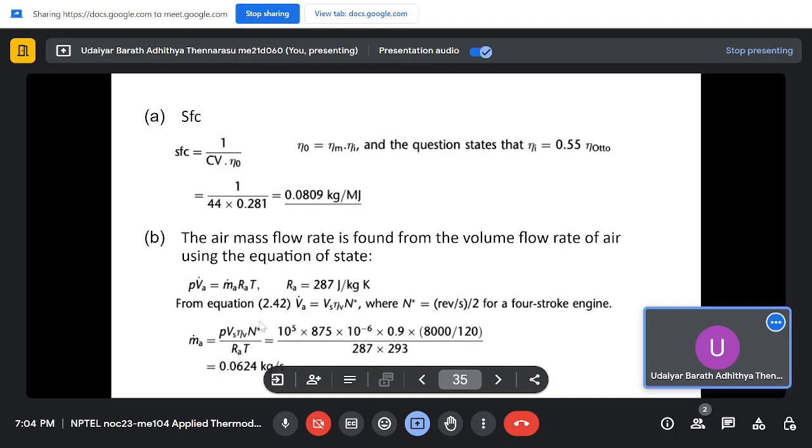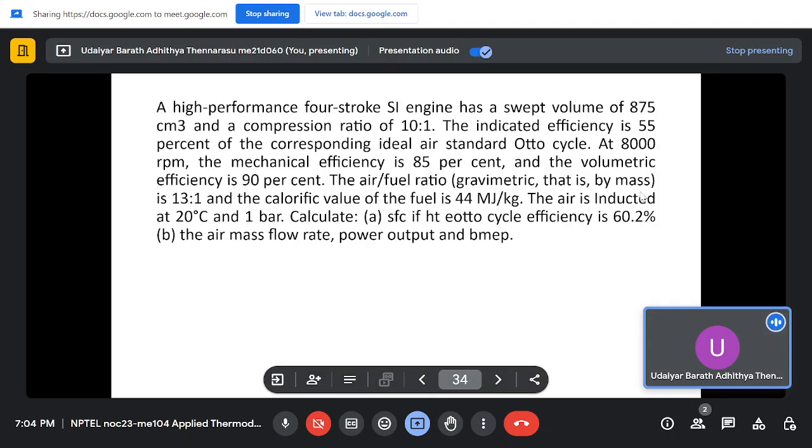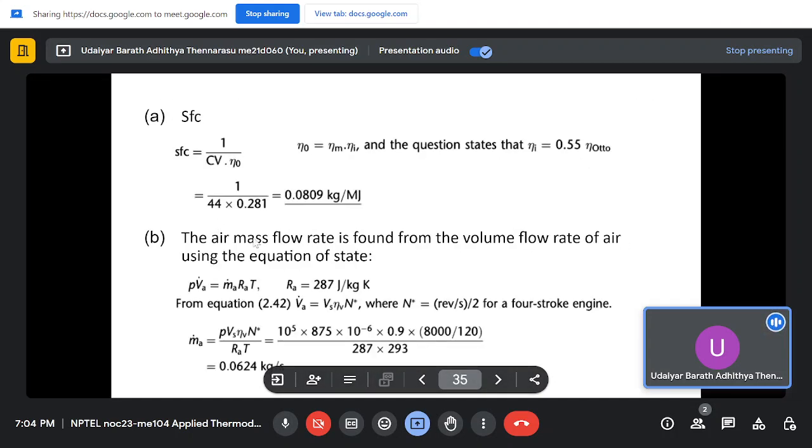The engine speed is 8000, so 8000 divided by 60, and because of the 4-stroke divide by 2, it becomes 8000 divided by 120, and 287, and temperature is 293, because the air inlet is at 20 degrees Celsius and 1 bar, so 273 plus 20, 293. Solving this, we get mass of air coming in as 0.0624 kg per second.